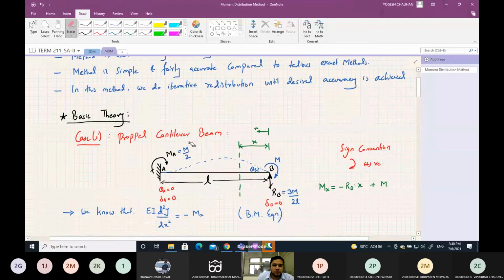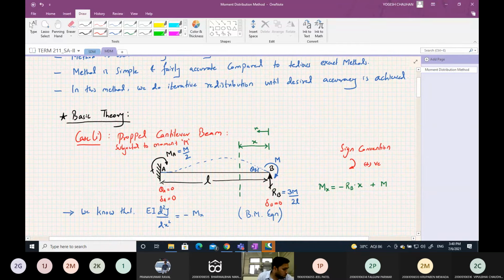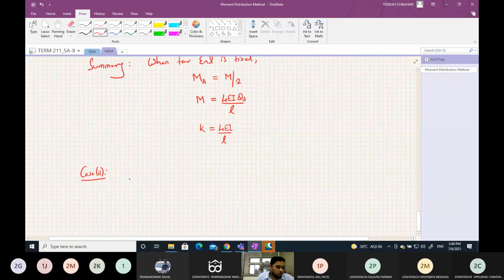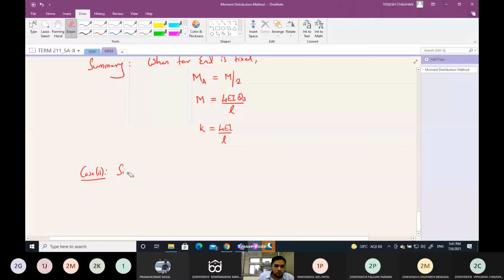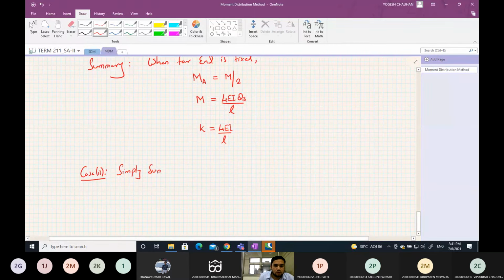The first case was propped cantilever beam subjected to moment m at B. Okay, now the second case is freely supported beam AB, or simply supported AB, subjected to moment m at B.